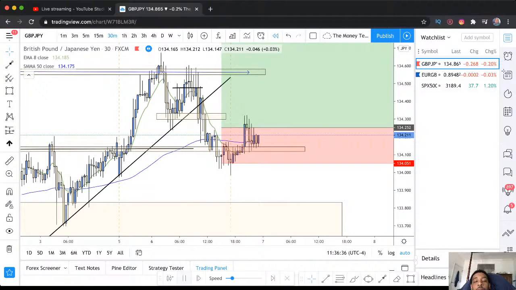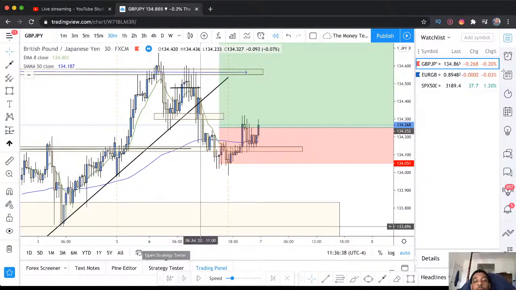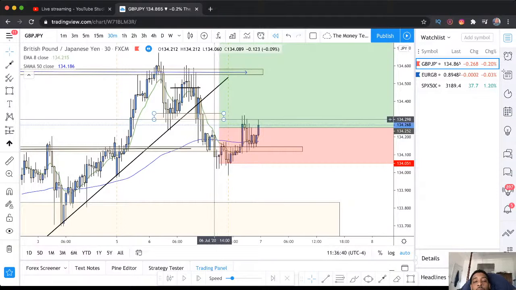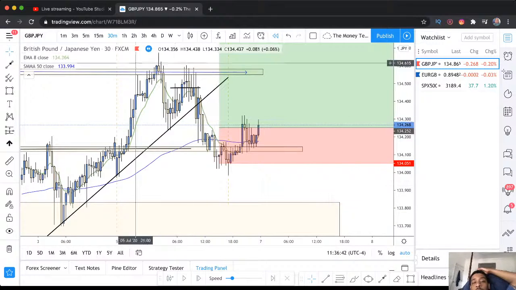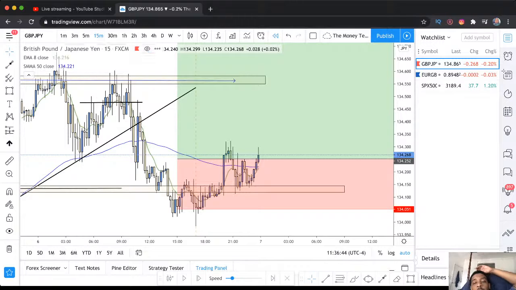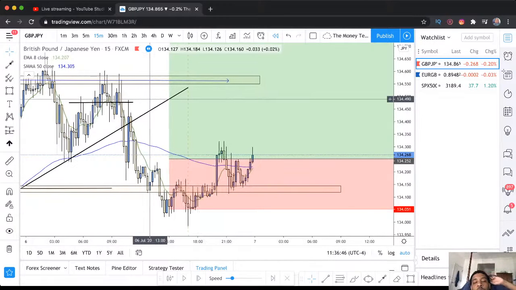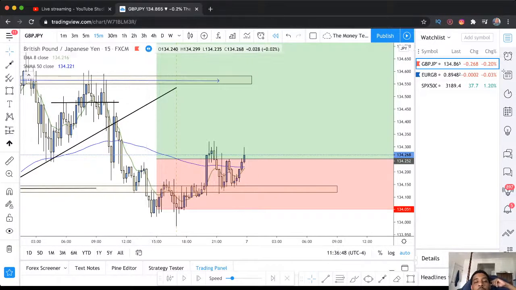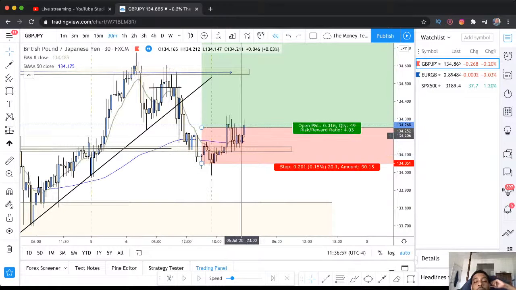Okay. Bam. So what I want to get better at is taking multiple entries. So what I'm gonna look for now is, I guess, some sort of engulfing play. I don't want to take this one because I was already in drawdown, right?